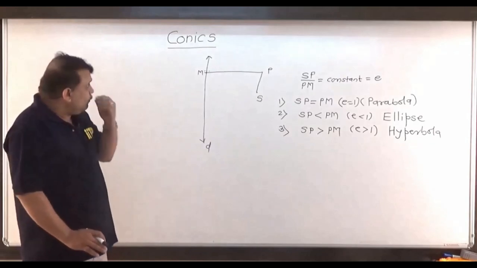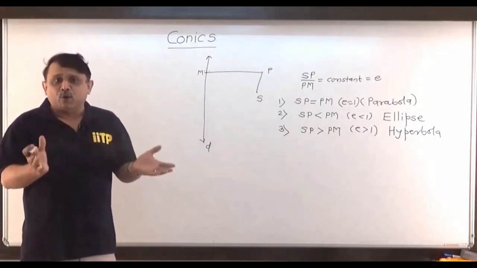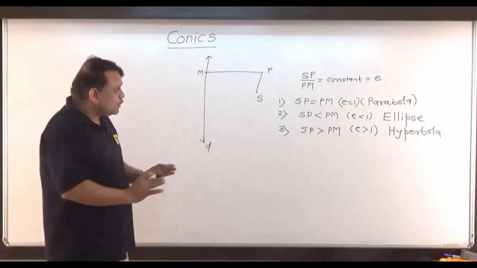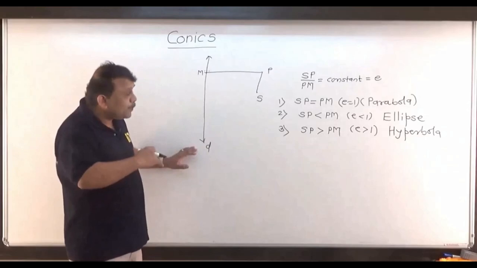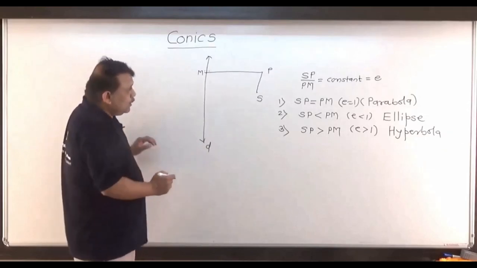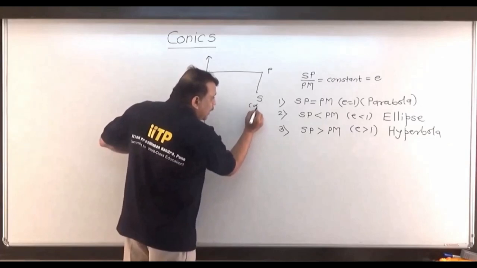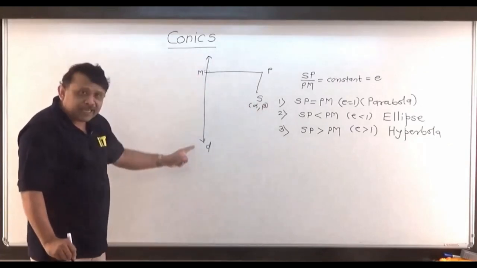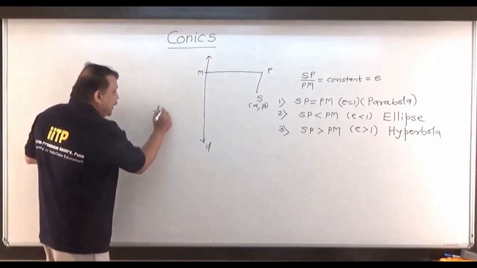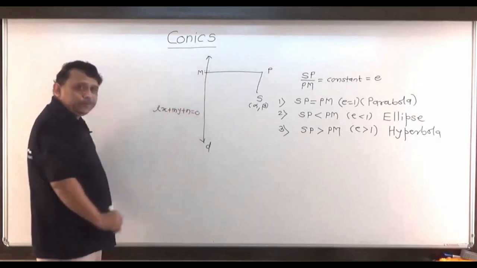Now, we will try to find the general equation of a conic. Meaning, we will get an equation which represents a conic. Suppose the fixed point S is (alpha, beta), and the fixed line has the equation Lx + My + n = 0.